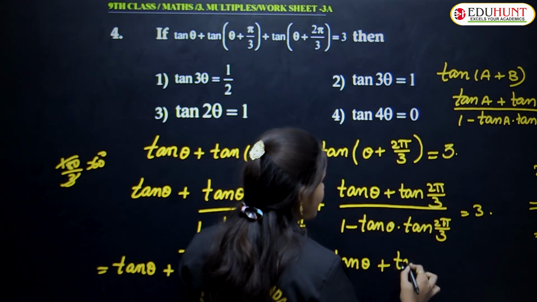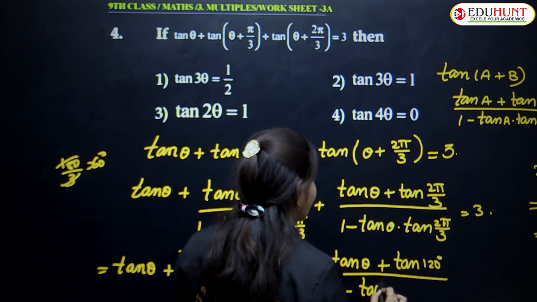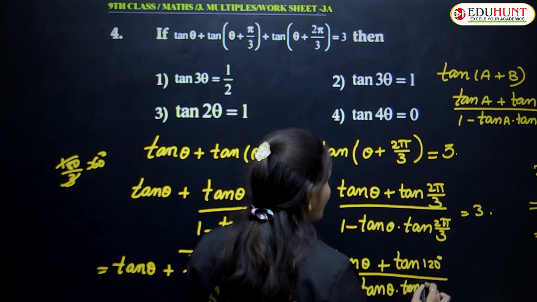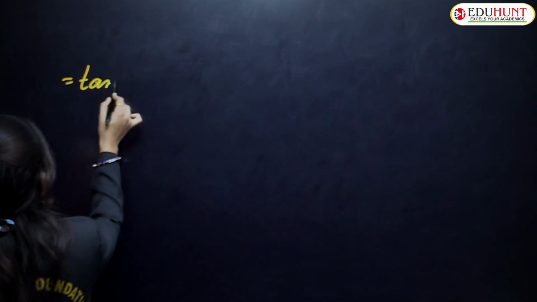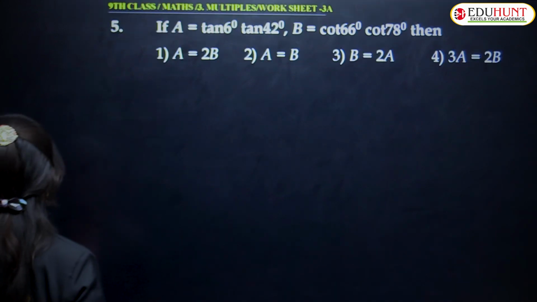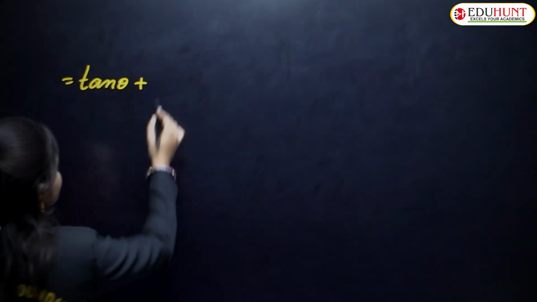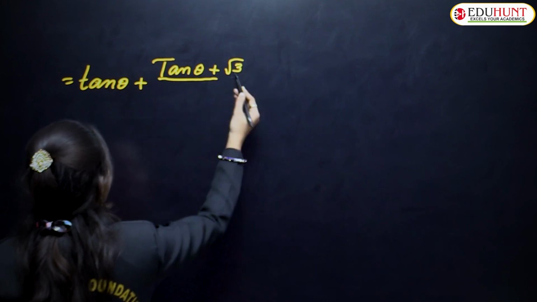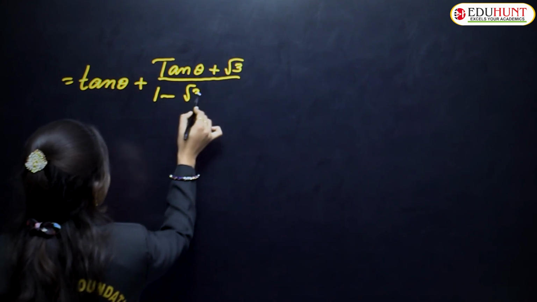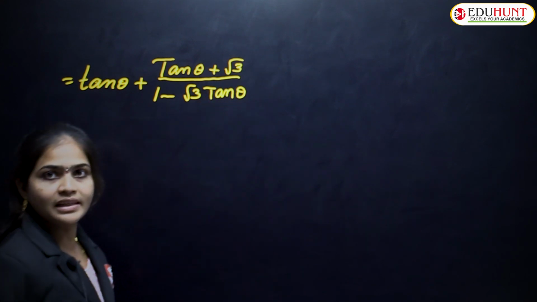So we can write this as tan theta plus tan 120 degrees whole by 1 minus tan theta into tan 120 degrees. So simplify this: tan theta plus tan 60 degrees, and tan 60 degrees is equal to root 3, whole by 1 minus root 3 into tan theta. So root 3 tan theta. Am I clear to you?